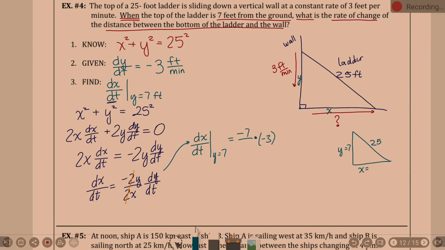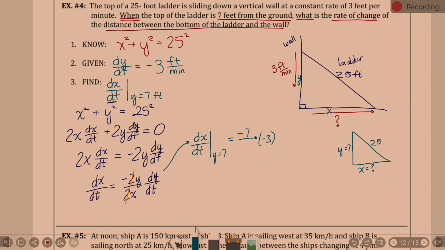So this is one of those problems where we hit a point and realize we're missing a piece of information we have to go back and find. Now we can use the 7, because I need to know what x is at the moment y is 7.